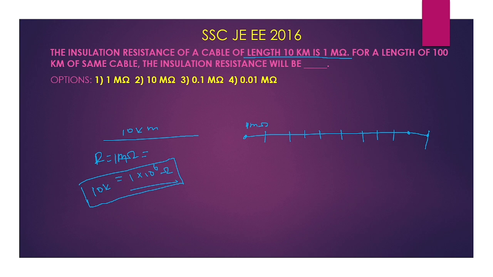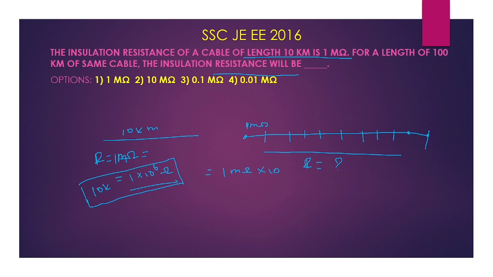So what is the insulation resistance value of this cable? R is equal to what? Most of us will think we just need to multiply the 1 megohm by 10, since the distance is increased so the resistance will increase, but the answer is not like this.